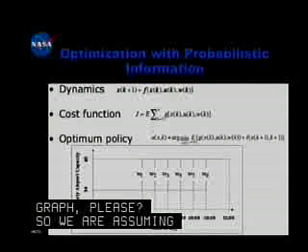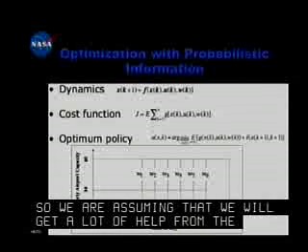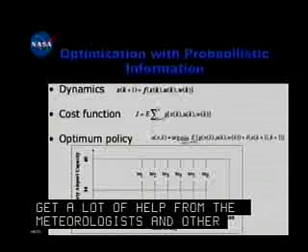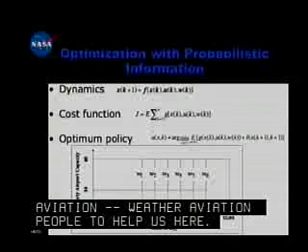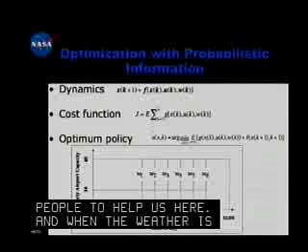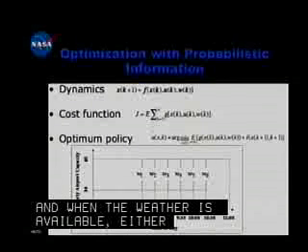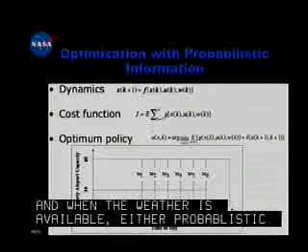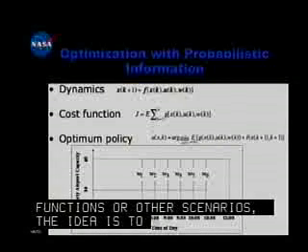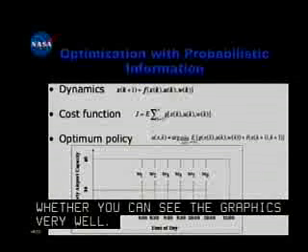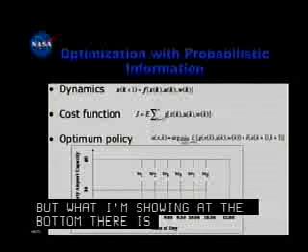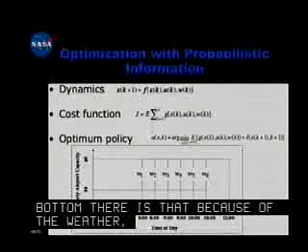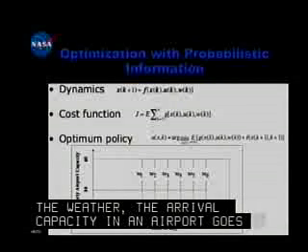So we are assuming that we will get a lot of help from the meteorologists and other weather aviation people to help us here. And when the weather is available, either as probabilistic functions or as scenarios, the idea is to, I don't know whether you can see the graphics very well, but what I'm showing at the bottom there is that because of the weather, the arrival capacity in an airport goes down from 60, the normal one, to 30 under bad weather.